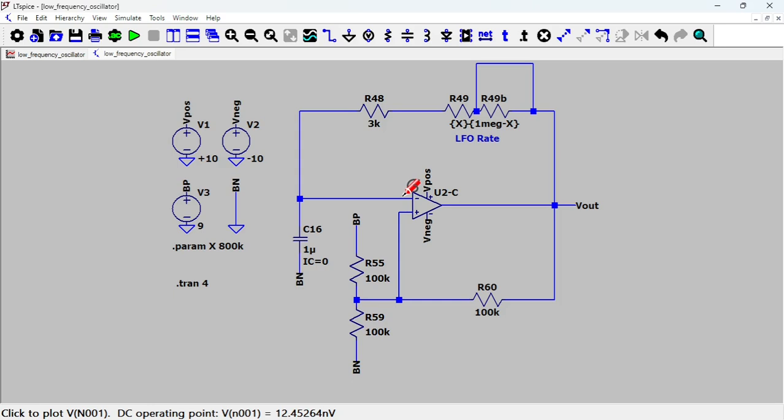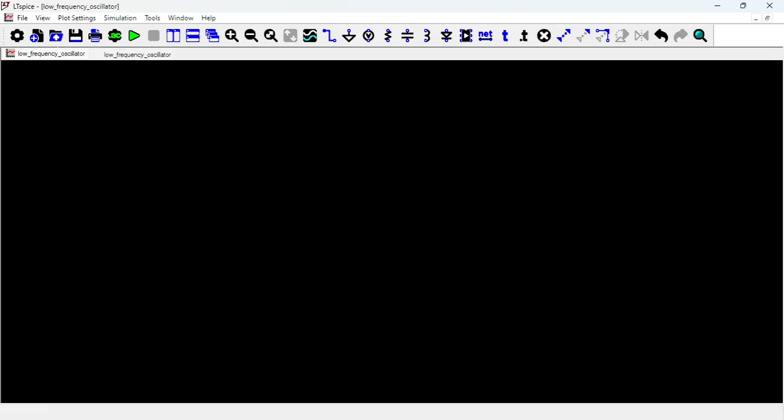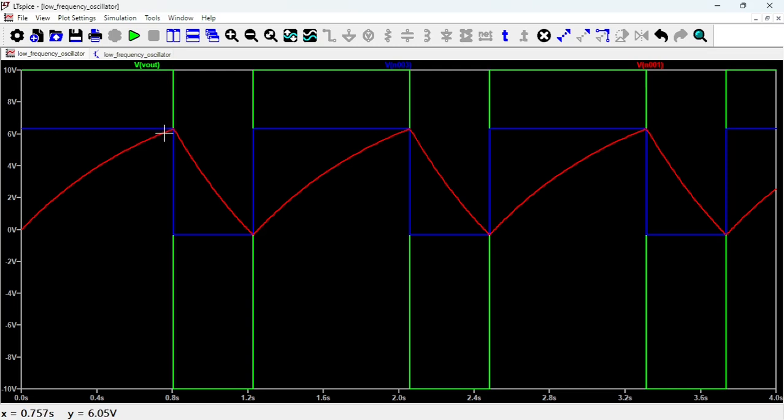When the voltage here reaches 6.3-something volts, when we reach about here and the capacitor goes slightly above, the op-amp output is going to switch and go to low saturation.